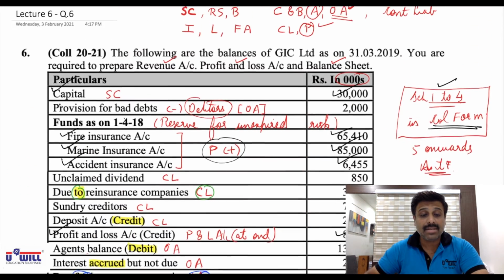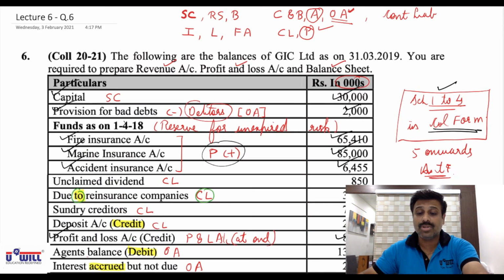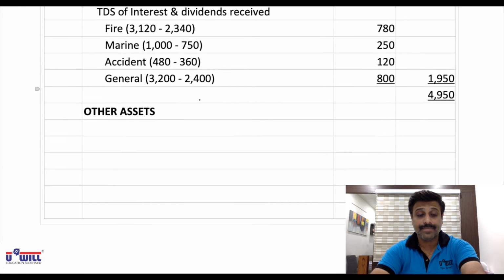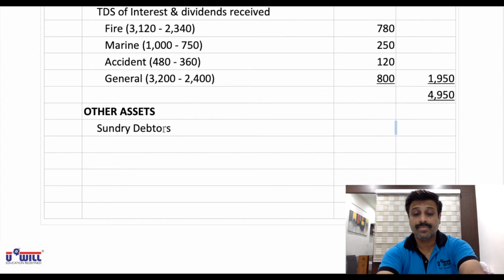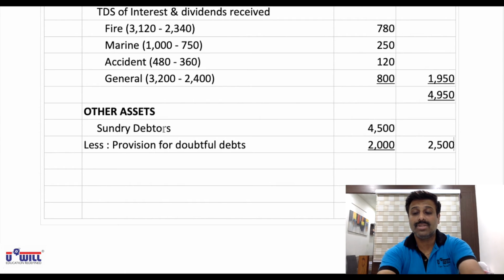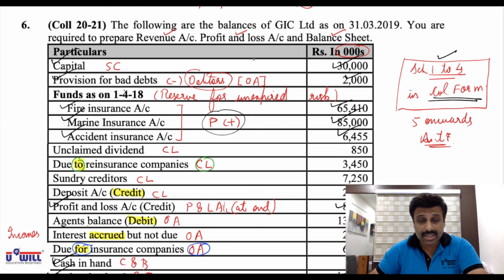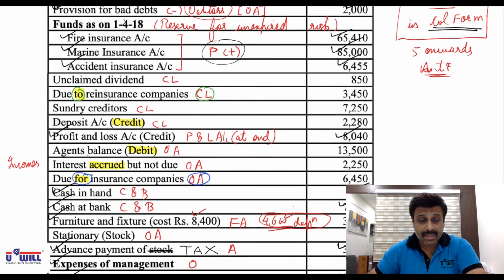From that we'll minus provision for doubtful debts 2000. So outer column 2500.